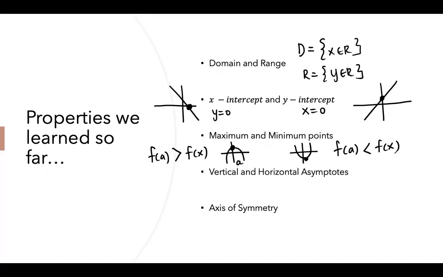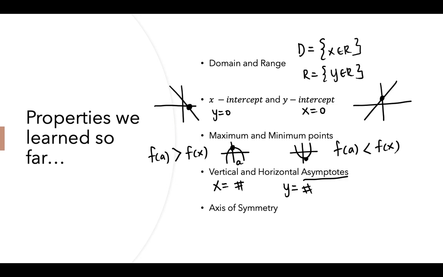Vertical and horizontal asymptote. Remember, an asymptote is a line that the graph will never touch, but it will approach very, very closely. So for example, a vertical asymptote always starts with x is equal to a number. And a horizontal asymptote is when y is equal to a number.